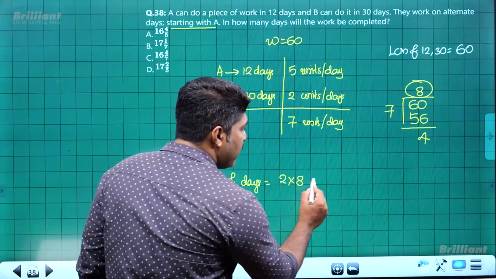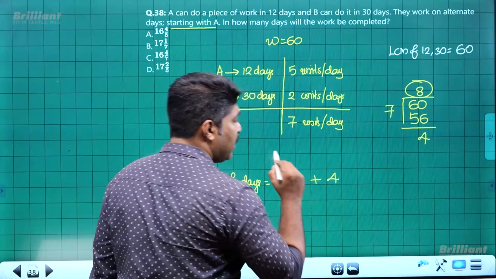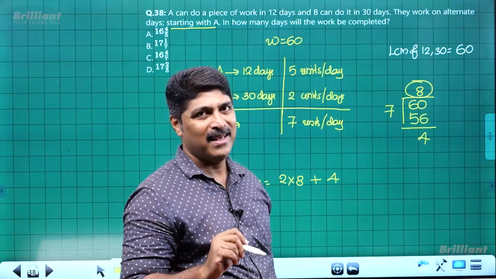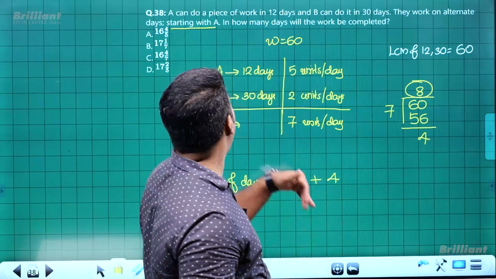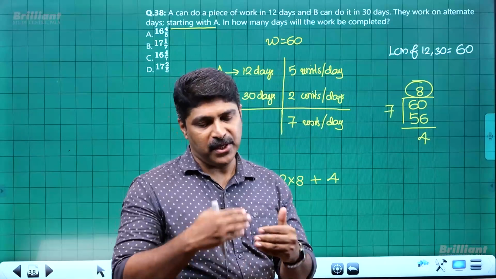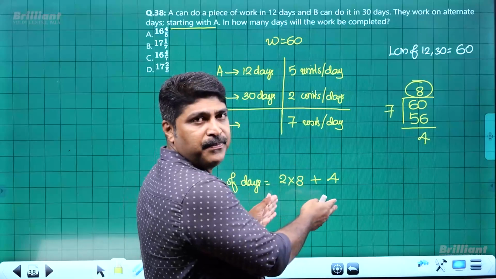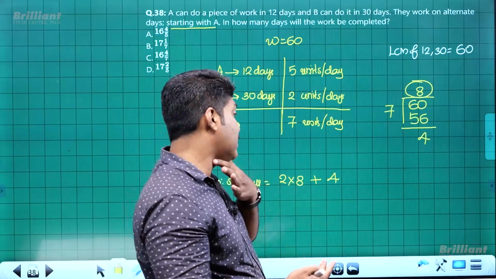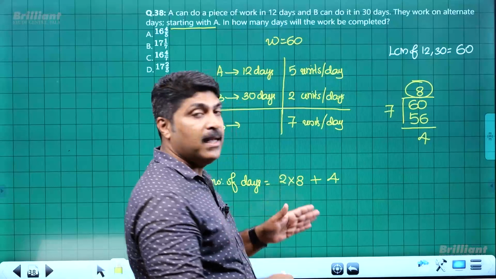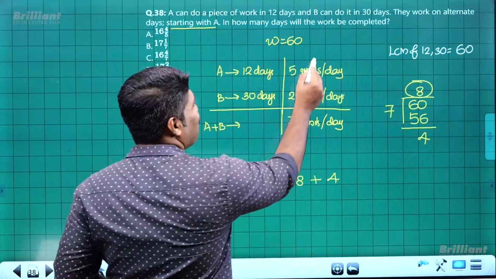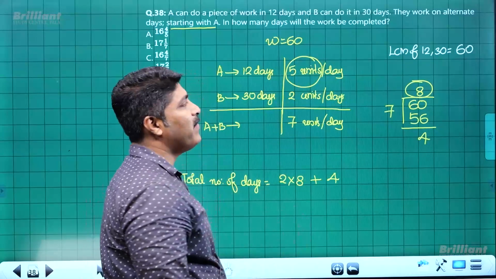Who will work on the next day to finish the balance 4 books? There, it's the turn of A, because A, B finished in 16 days. Who ends the work on the 16th day? B. Then immediately the next day, A is going to work. What is the efficiency of A? 5 units per day.